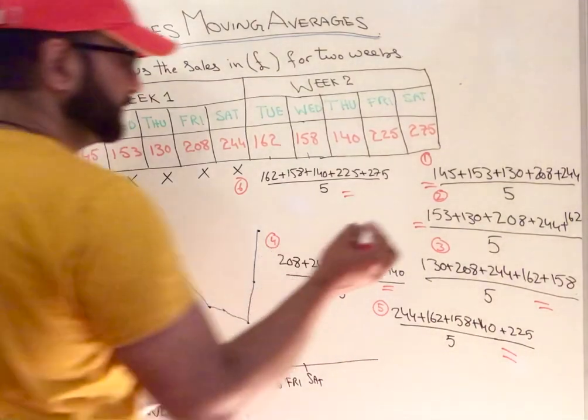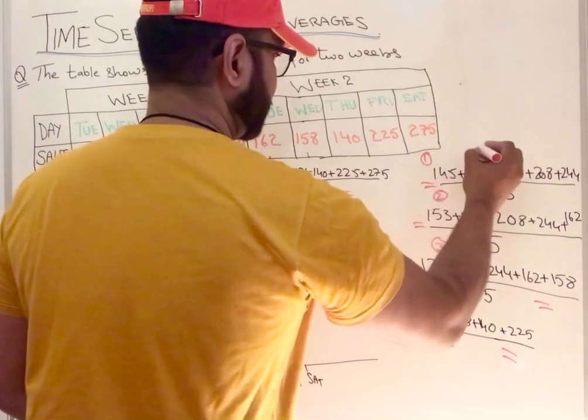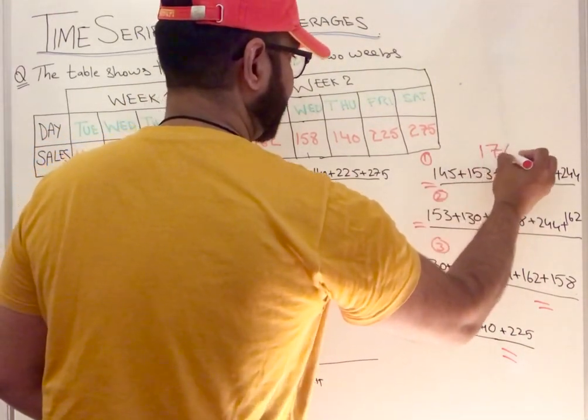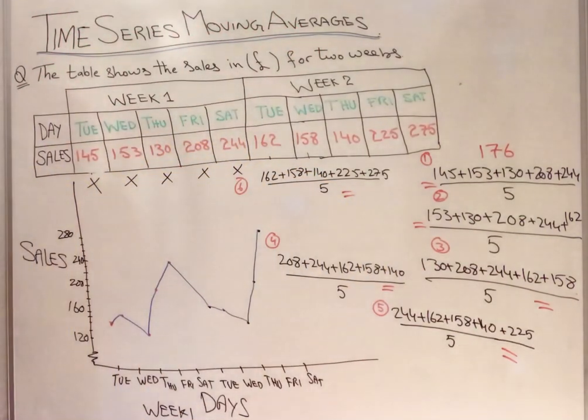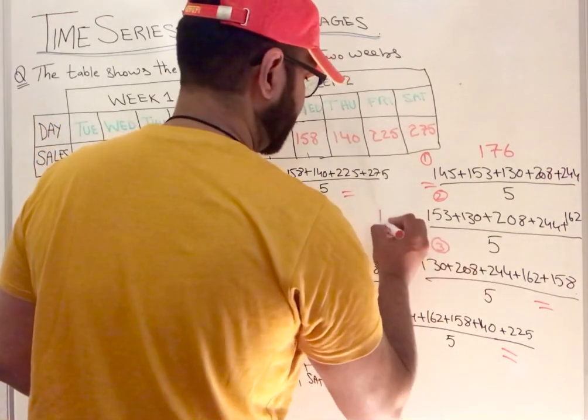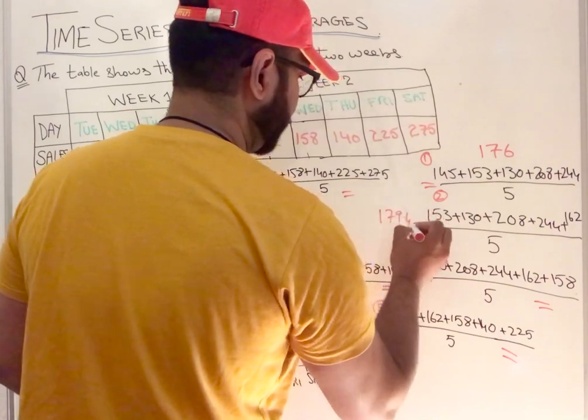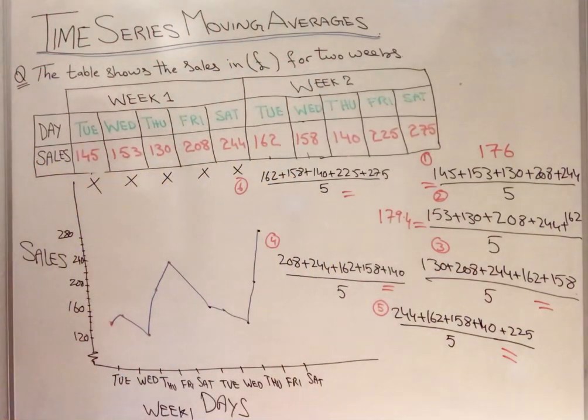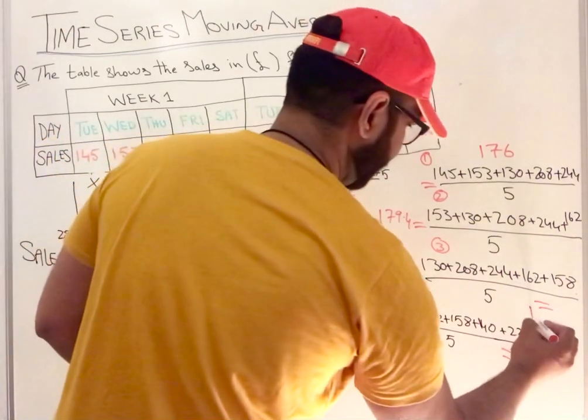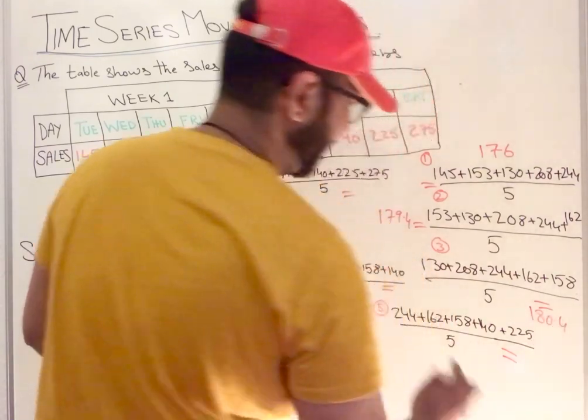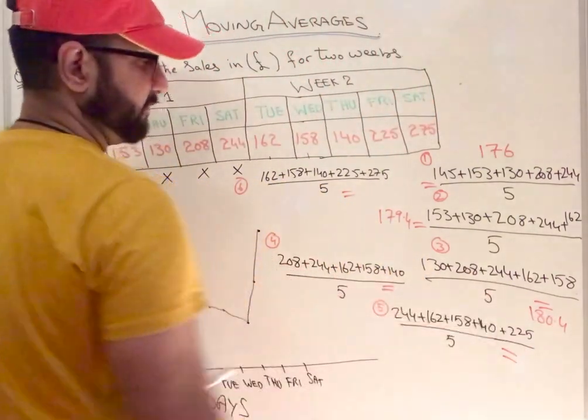When we find our first value, we will get 176. The second value, when we add 153, is 179.4. The third one we calculate becomes 180.4. You have to add in a calculator and divide by 5.